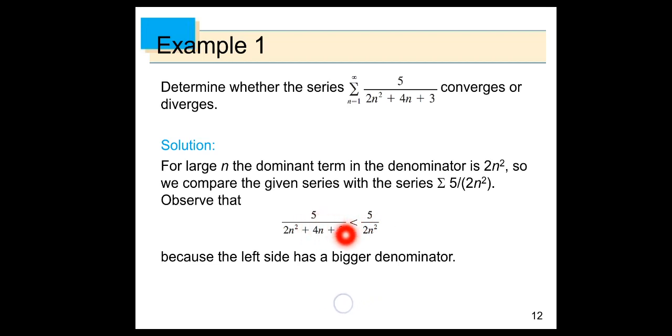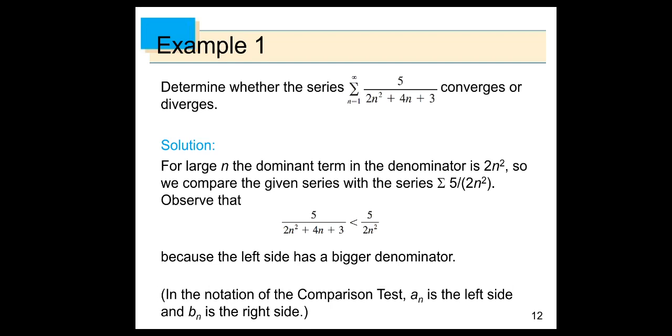And why is this greater than our a_n? You can see the denominator of the left-hand side is bigger, and whenever we have a bigger denominator, our value would be smaller. So it clearly means that our a_n is smaller than b_n, right? In the notation of the comparison test, a_n is the left side and b_n is the right side.